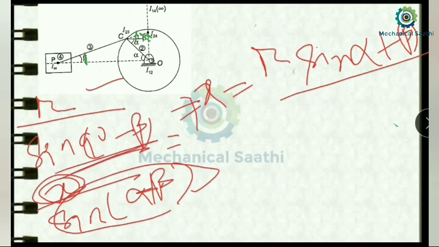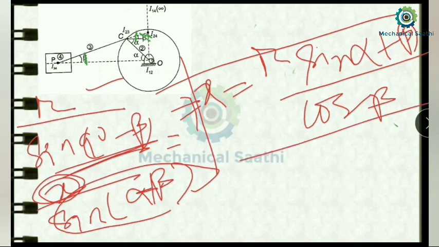We can write that as cos beta. So the value of x we have calculated is r sine alpha plus beta divided by cos beta.